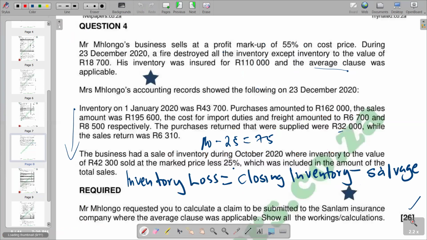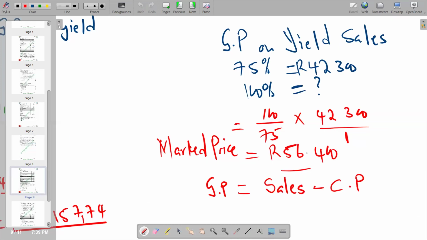So we already know that the representation in terms of cost and markup is 55% markup to get our selling price of 155. So basically, what we are going to do now is this: 56,400 is going to be 155, and you want the figure for 100%.